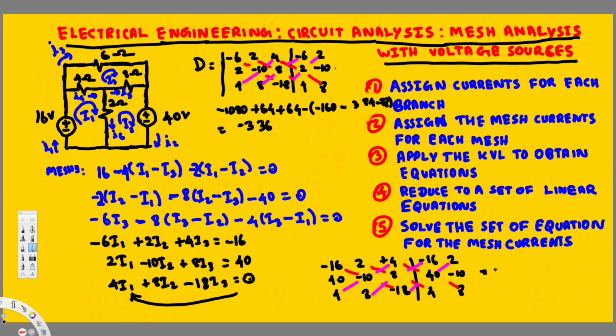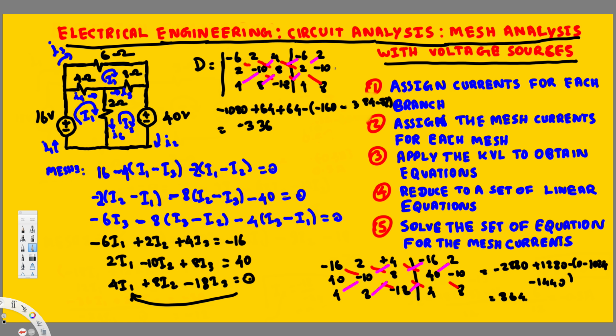This one is going to be negative 2880 plus 1280 minus 0 minus 1024, and then minus 1440, and if you calculate you will get 864, right?